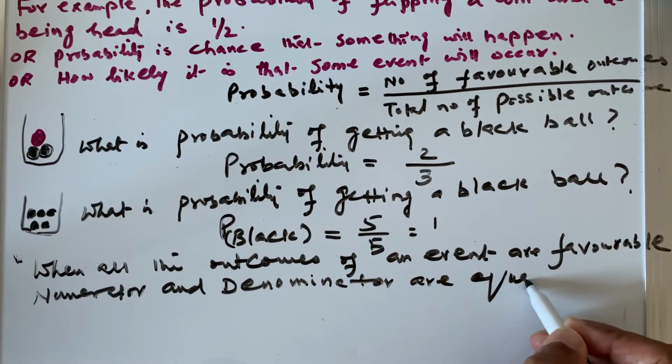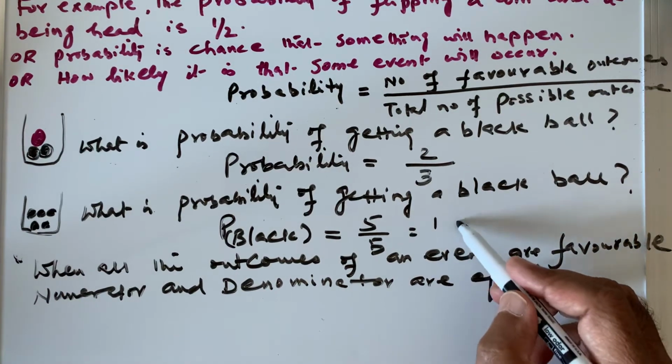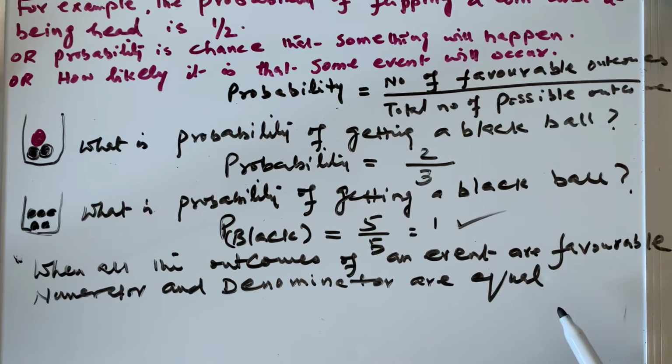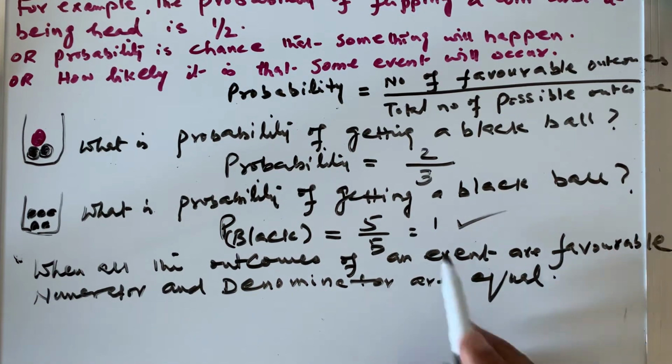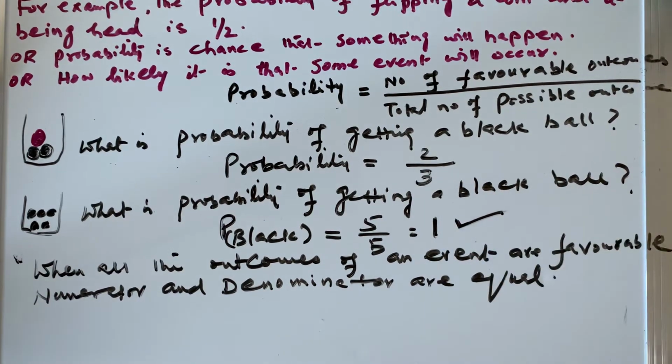So what is the probability in that case, when the numerator, the number of favorable outcomes, and the total number of possible outcomes are both equal? That means the probability is 1 or 100%. When the numerator is equal to the denominator, the probability is 1. 1 is like 100%.